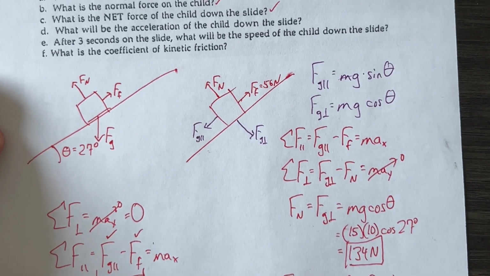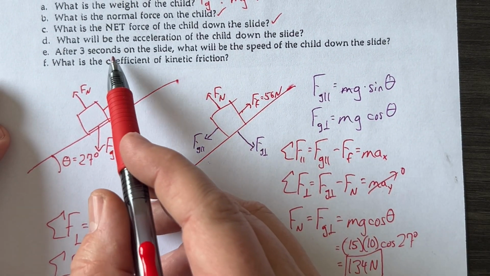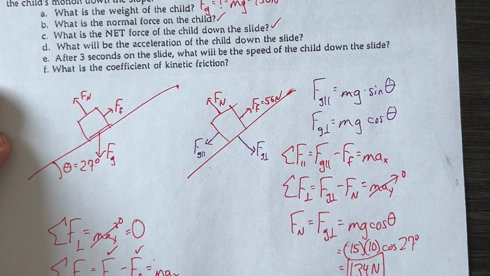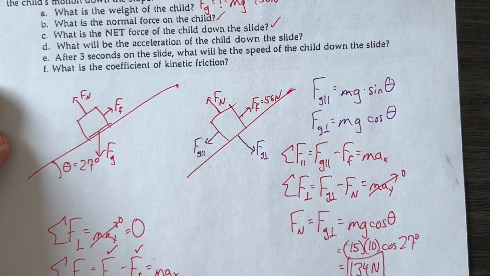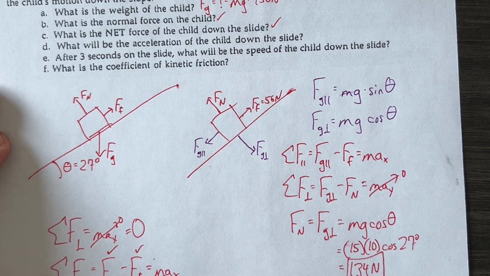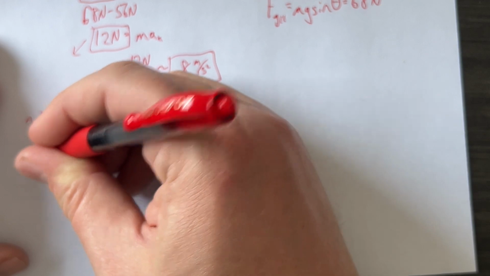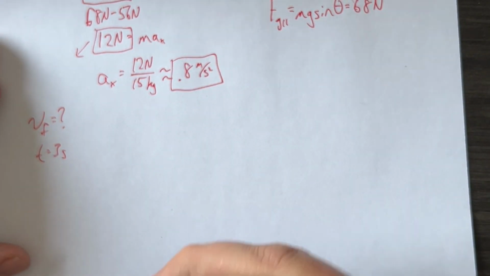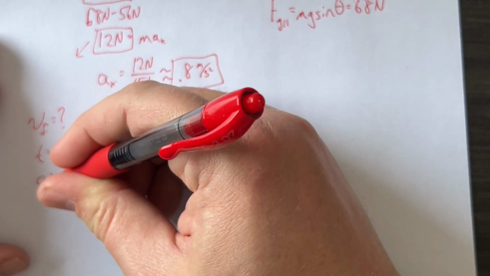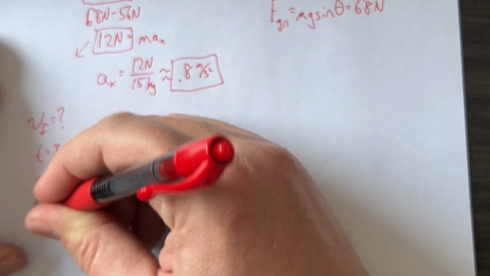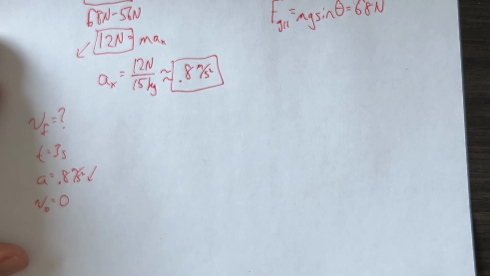Last two questions. After 3 seconds on the slide, what will be the speed of the child down the slide? So I'm writing down here V final as an unknown. If the time is 3 seconds, the acceleration we know is 0.8 meters per second squared down the slide, and the V original was 0.